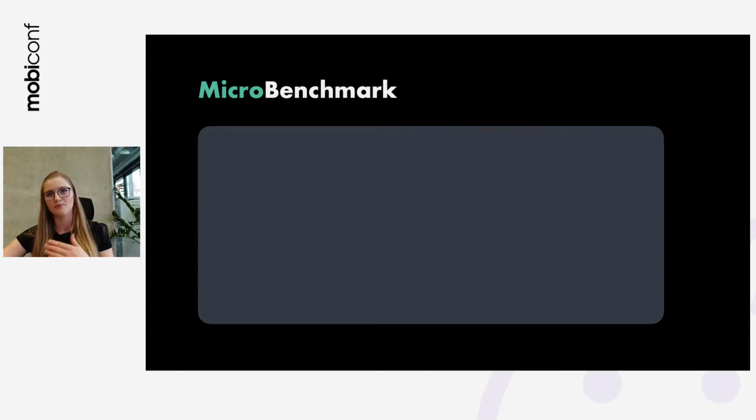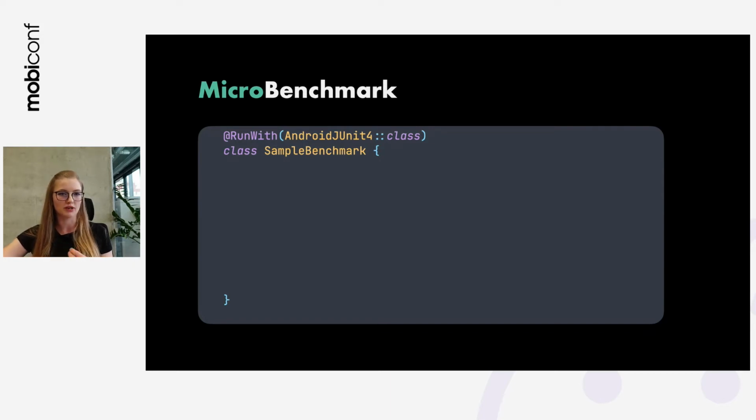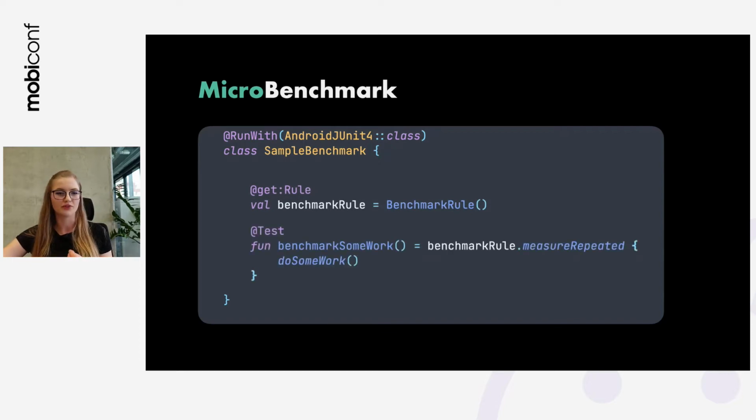Both Jetpack micro and macrobenchmarks allow us to create a UI test which measures the performance of some part of our app. To create such a test using the microbenchmark library, all we have to do is create a regular UI test class, define a benchmark rule, and then create a function annotated with the Test annotation, as we would normally do in any other test.